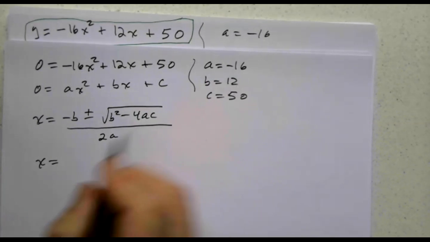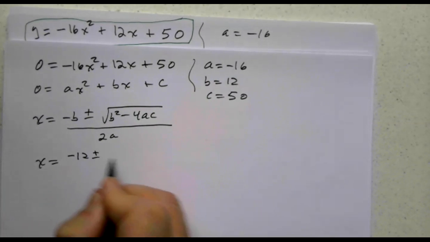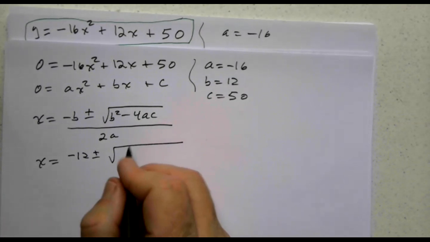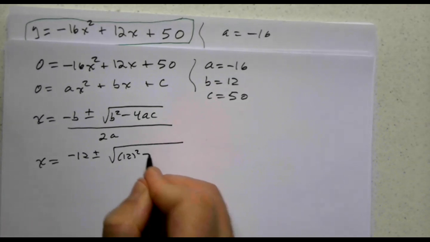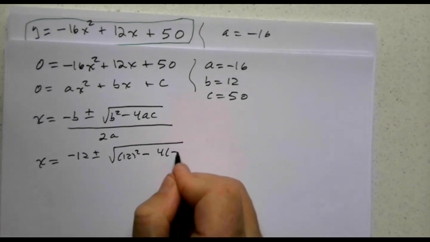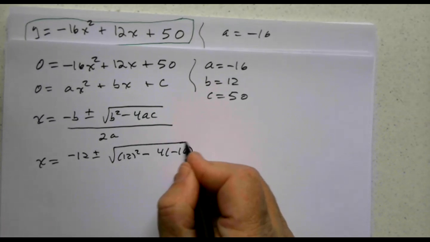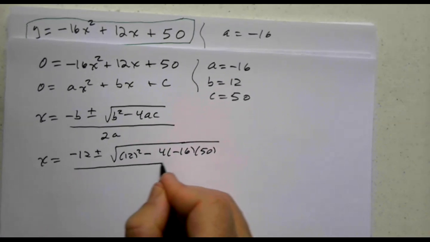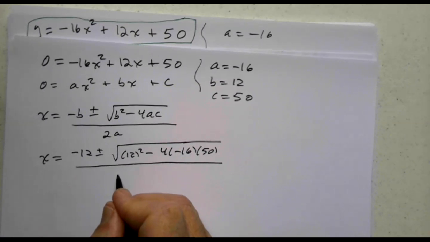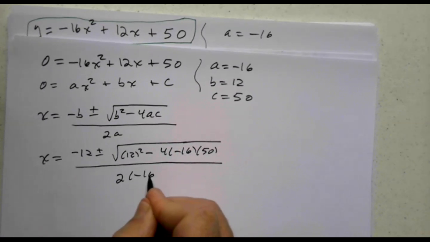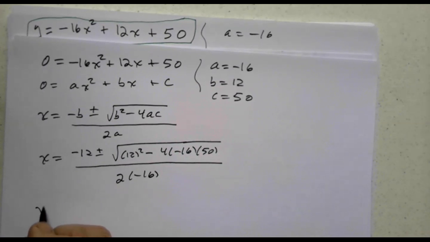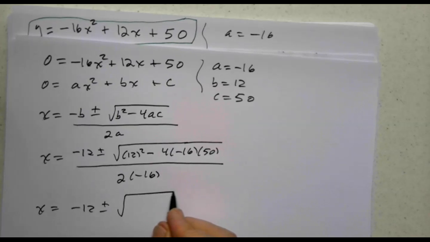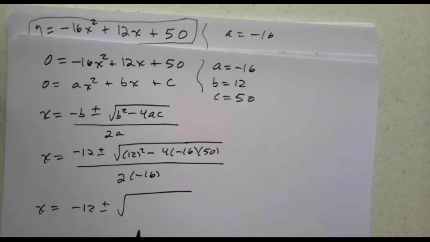You get x equals negative b, negative 12, plus or minus the square root of b squared. So that's 12 squared, minus 4 times a times c, 4 times negative 16 times 50, all over 2a, so 2 times negative 16. So we get x is negative 12, plus or minus the square root of 12 squared, which is 144.